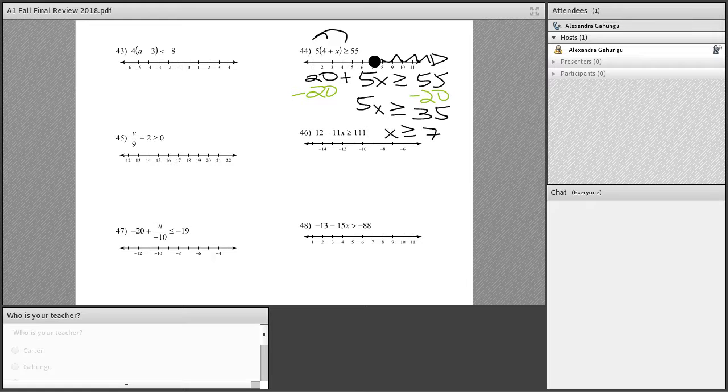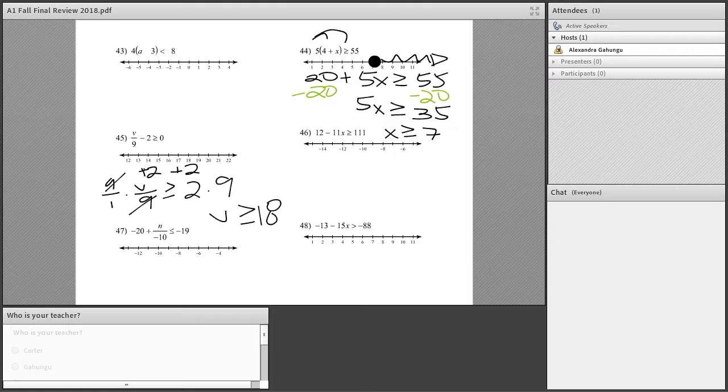All right, with our fractions again, we just gotta be careful. You can add 2 to both sides. And then b over 9 is greater than or equal to 2. And multiply by 9 over 1 so that the 9s can cancel. And we get b is greater than or equal to 18.